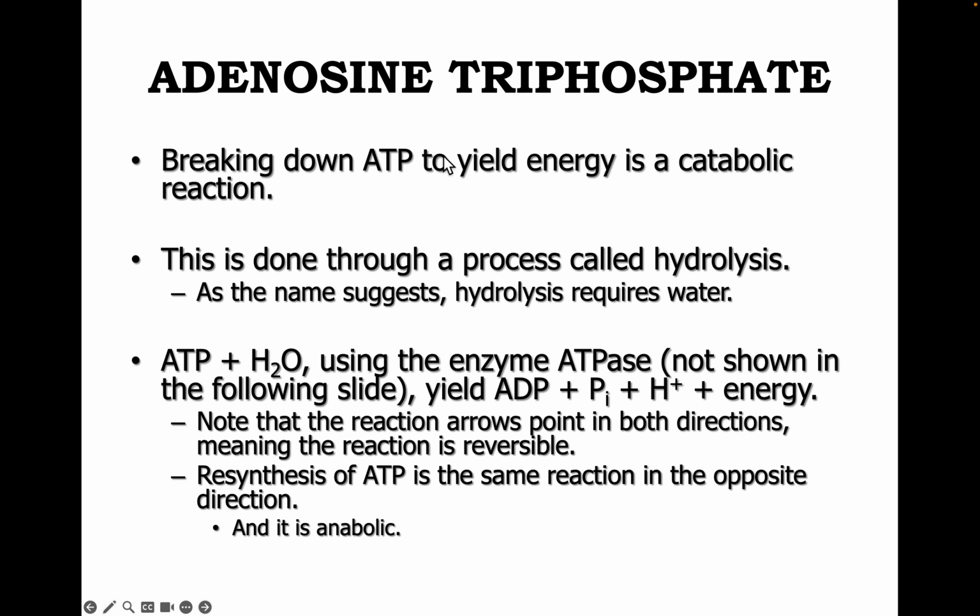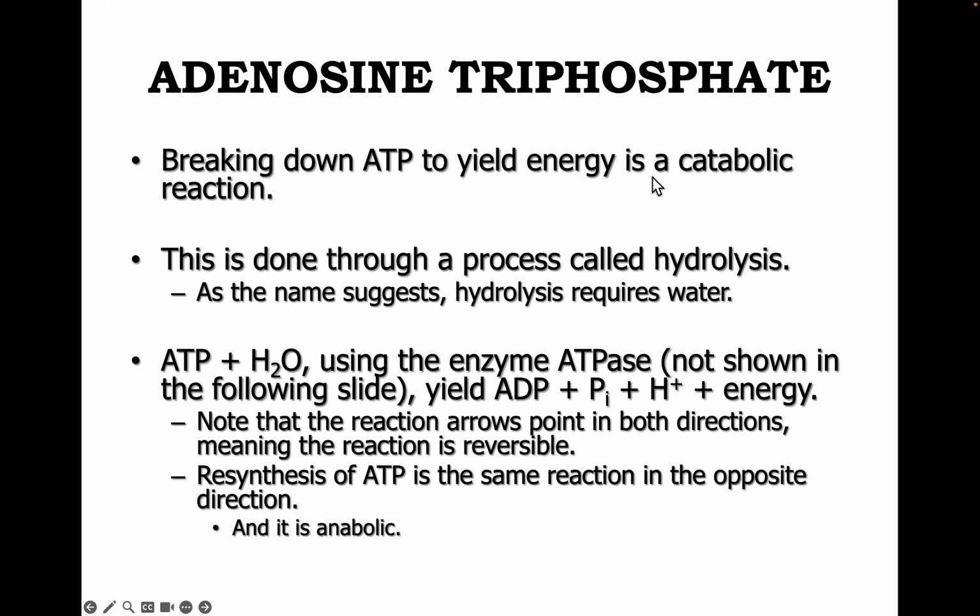Now, what we do with the adenosine triphosphate to create energy is we break down ATP, essentially split apart the ATP molecule into smaller parts, and by breaking it down into smaller parts, we create energy.